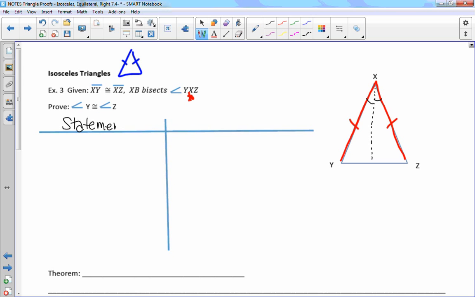So remember, the left-hand column is statements, the right-hand column is your reasons. First, the first marker we did on the triangle was XY being congruent to XZ. XY is congruent to XZ because that was given. What's the next thing that we do in a triangle?